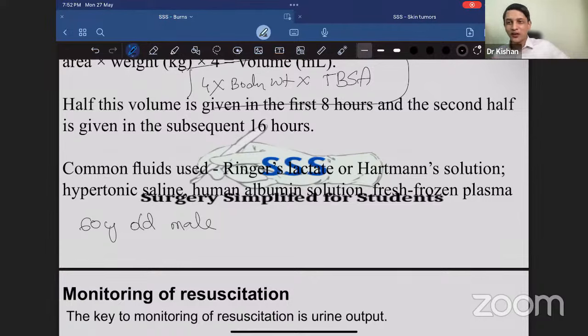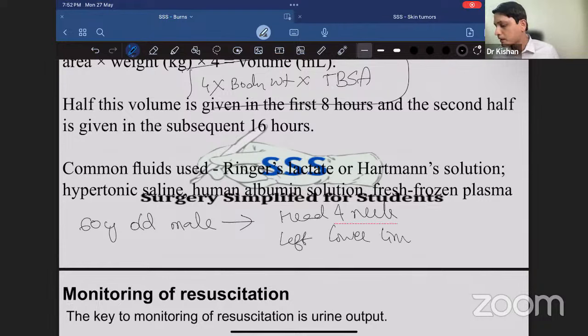When he was boiling rice, the cooker blasted and he sustained a major burn injury involving the full head and neck, left lower limb, and upper back.